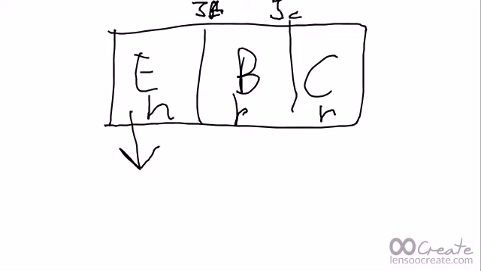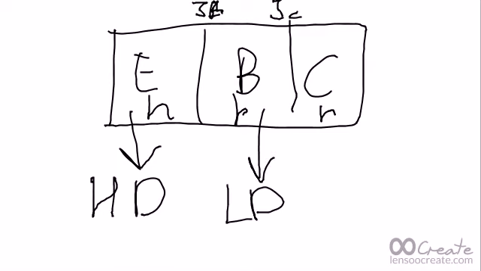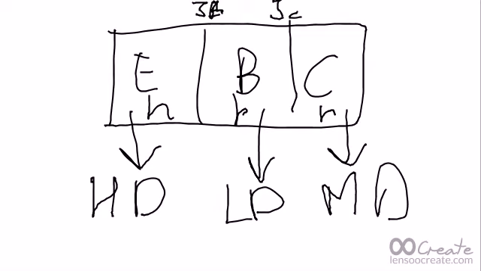This one is heavily doped, this one is lightly doped, and this one is moderately doped. Emitter, why is it highly doped? Because from the emitter, electrons move to the collector, and the width of the emitter is medium.